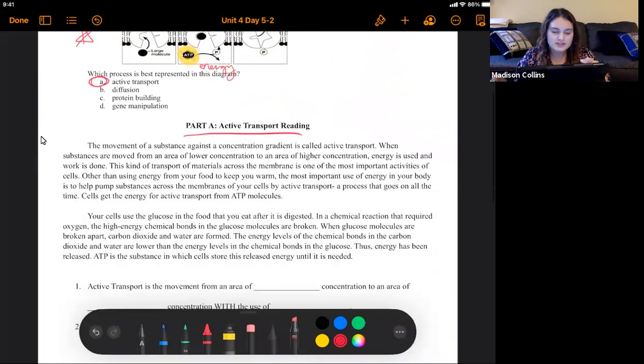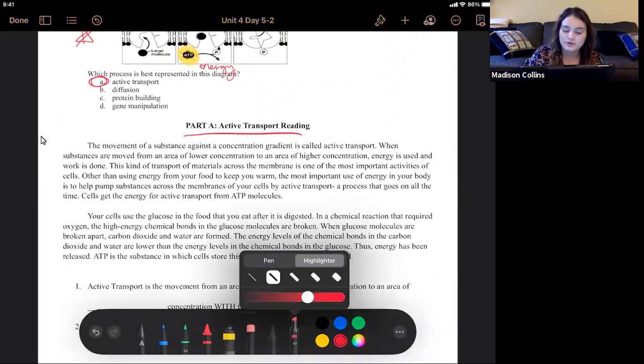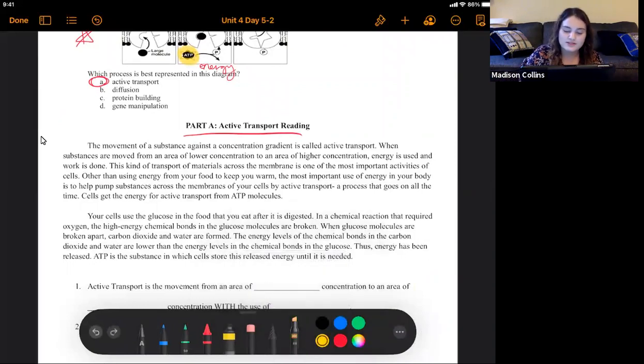All right, so let's read through this passage. As I read through this, I want you guys to annotate anything that you think is important, and then we will answer the questions together. All right, so the movement of a substance against a concentration gradient is called active transport. When substances are moved from an area of lower concentration to an area of higher concentration, energy is used and work is done.